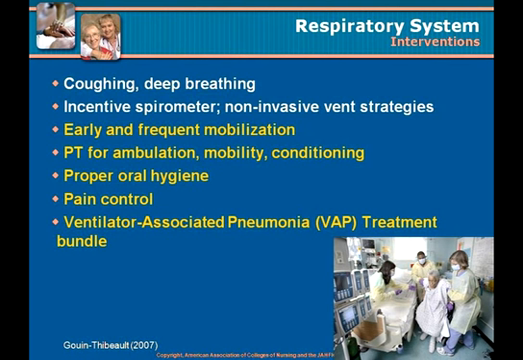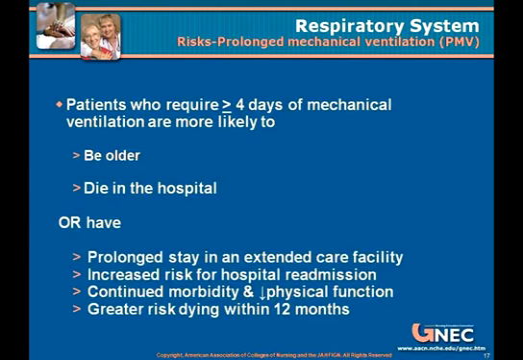The other great risk for older adults is prolonged mechanical ventilation. And here is the turning point in a critical illness where we see age being the big risk factor. It is more likely in the older adult and is associated with high rates of morbidity and mortality.